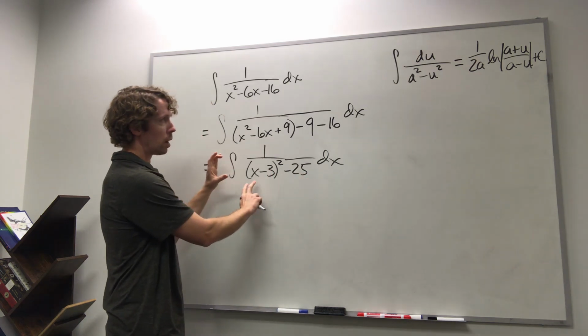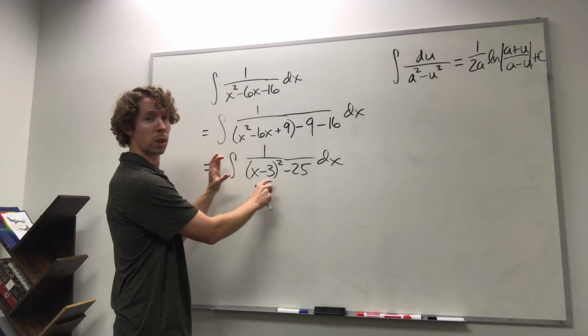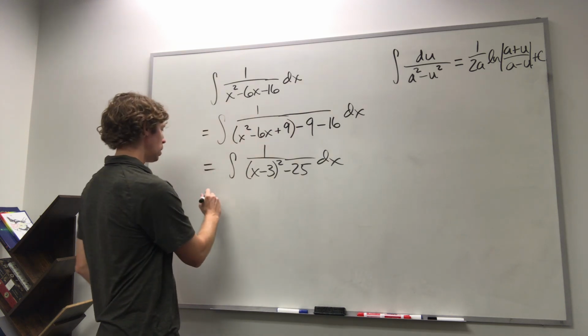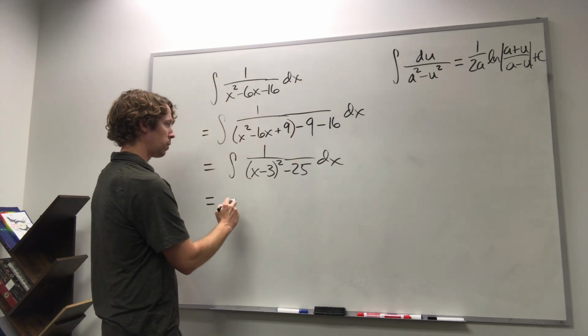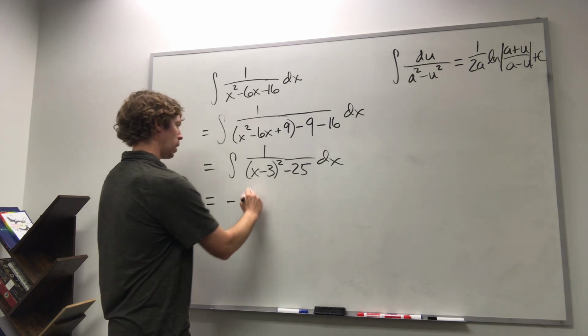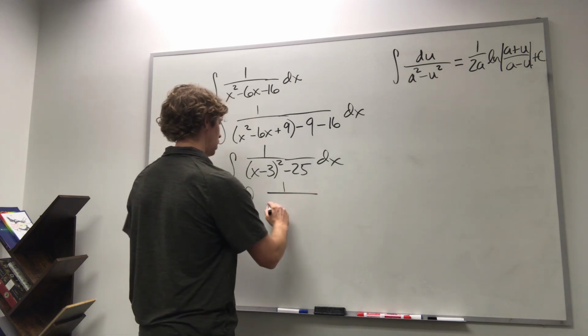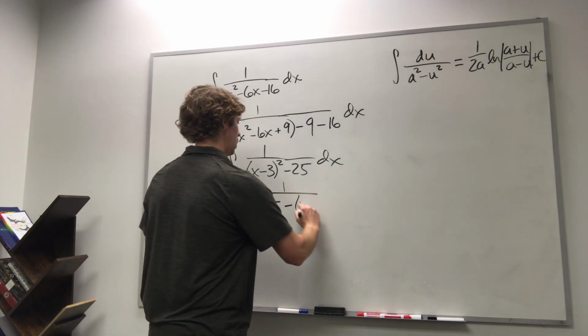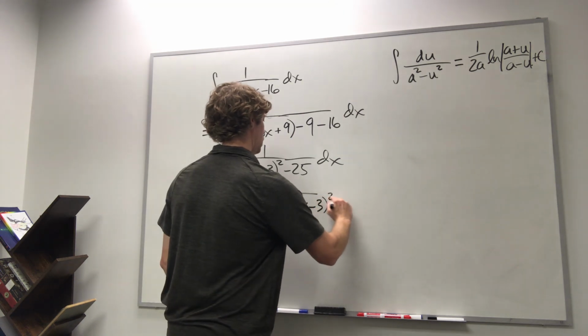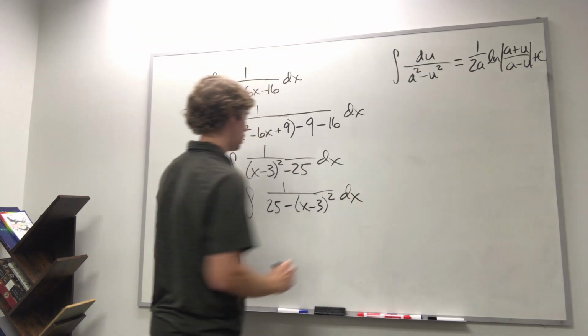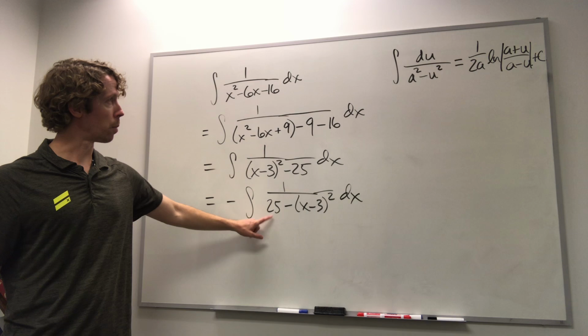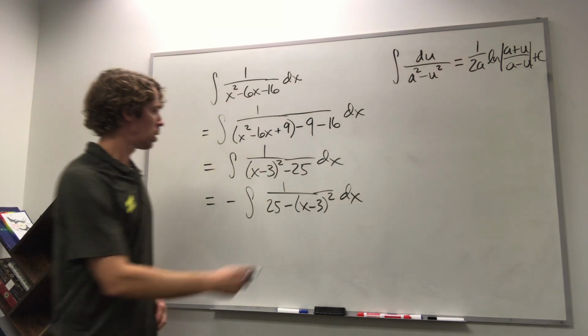And then I'm going to let u equal x minus 3. So let's rewrite this, first of all, factoring out the negative. So now it's in the form a squared minus u squared.